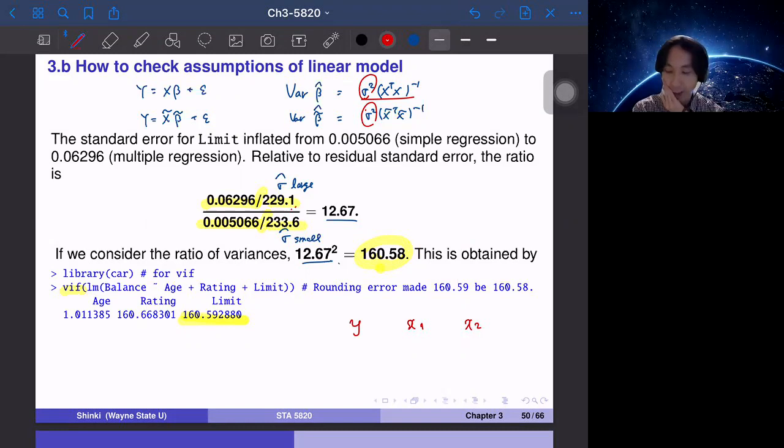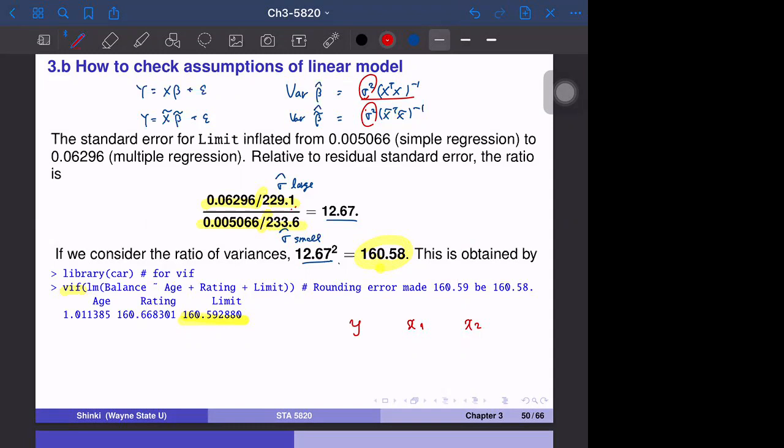If x1 and x2 have a high correlation, then we can say that they are expected to have large multicollinearity. Anyway, the variance inflation factor is calculated from x only. It does not involve y. So yes, I think those are similar concepts.